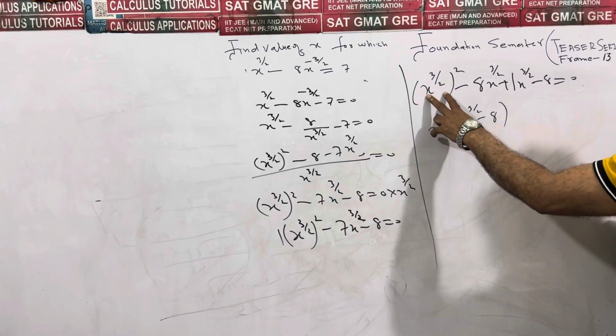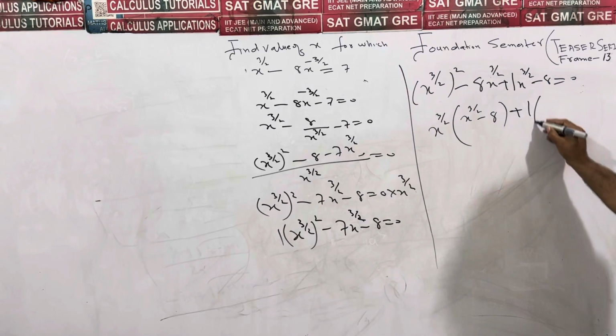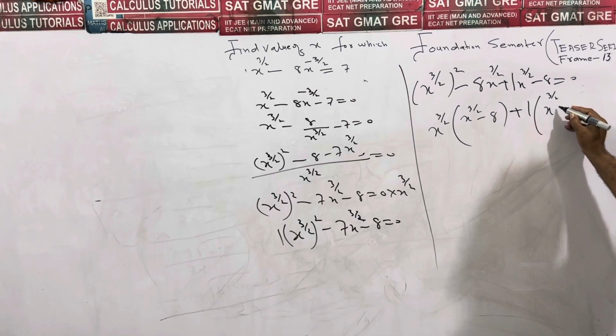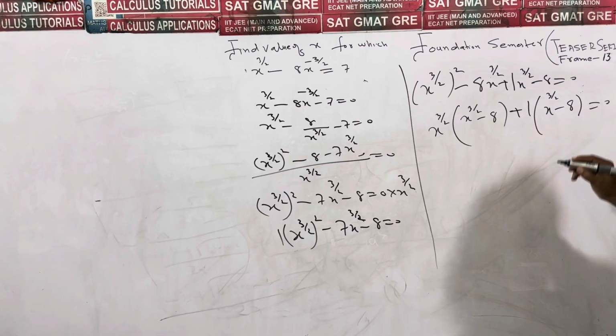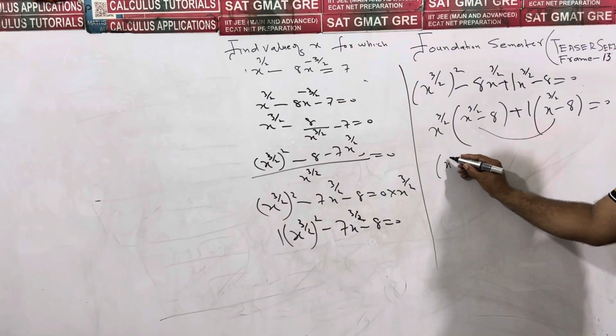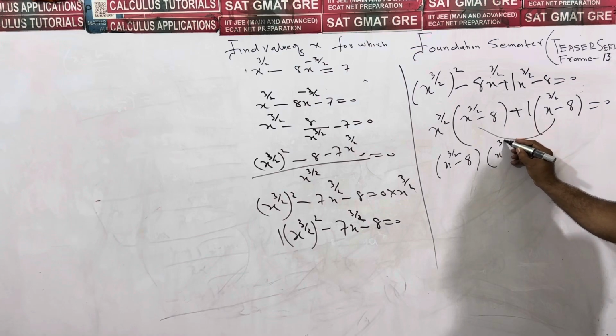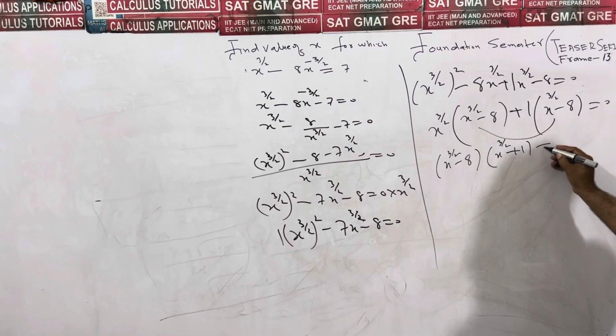From the second pair, nothing is common, one common. Both brackets are identical, so we are good to go. One bracket is x raised to 3 over 2 minus 8, and the other bracket is x raised to 3 over 2 plus 1, is equal to 0.